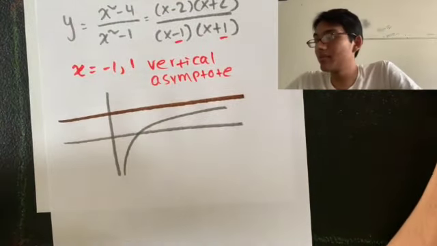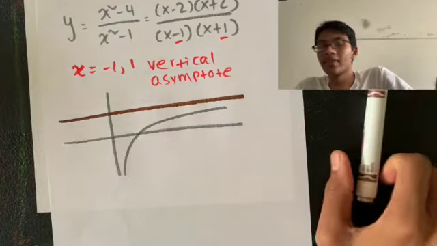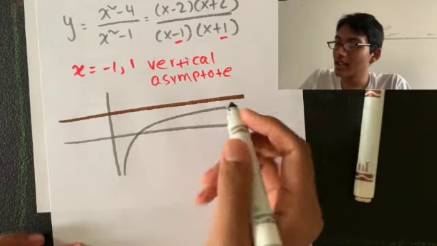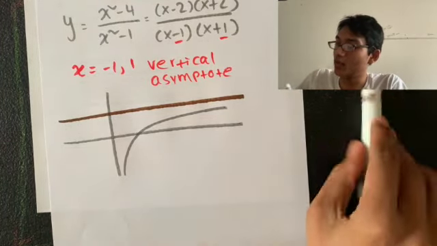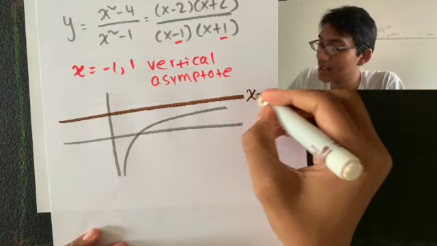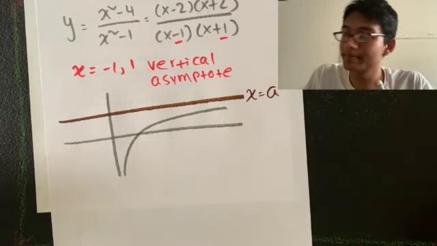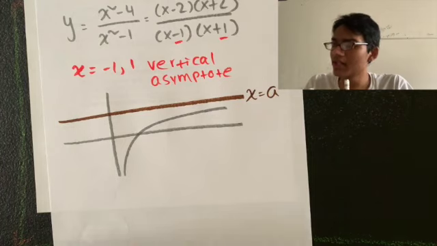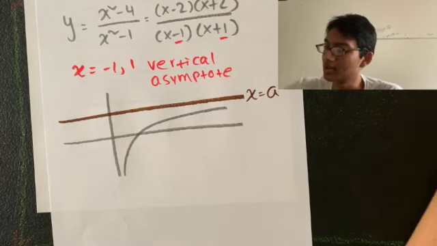Now, here's the fact of the matter. The function has a horizontal asymptote at whatever value this is. Let's say this is y equals some value a. So how can we actually find what horizontal asymptote this is?